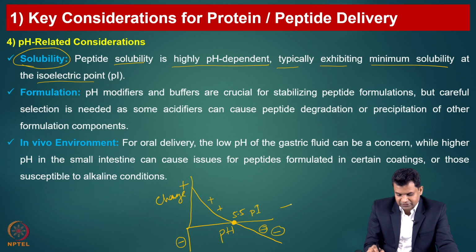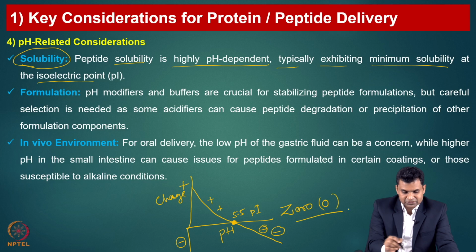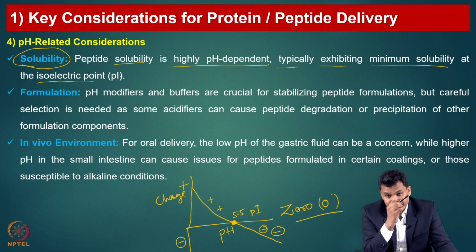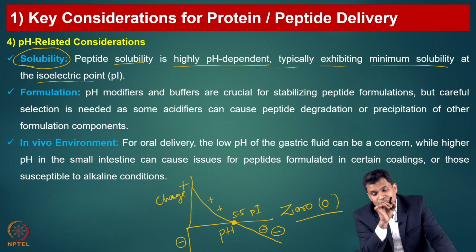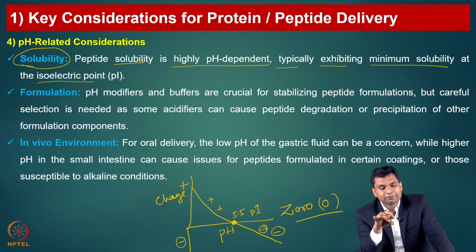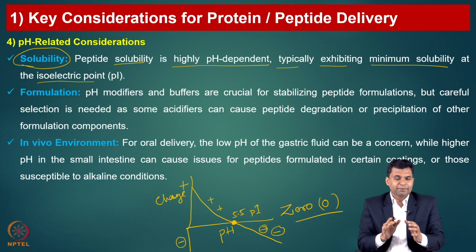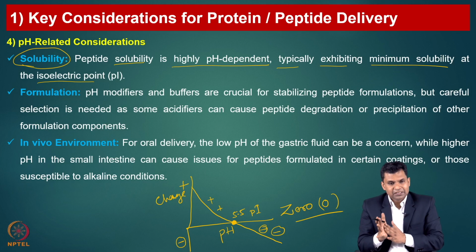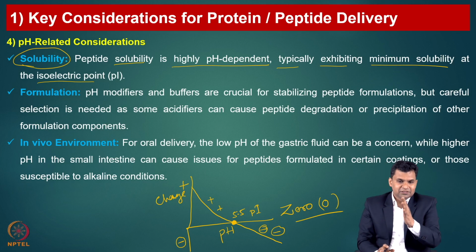There the net charge of the amino acid is 0, and there the solubility will be very low. So, we need to identify the isoelectric point of the biological molecule, right. There are amino acids and proteins whose isoelectric point is near 5.5 and 6.